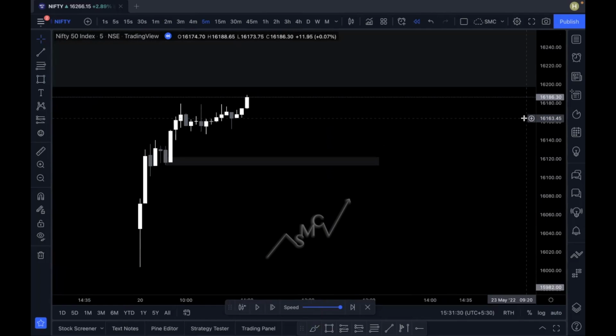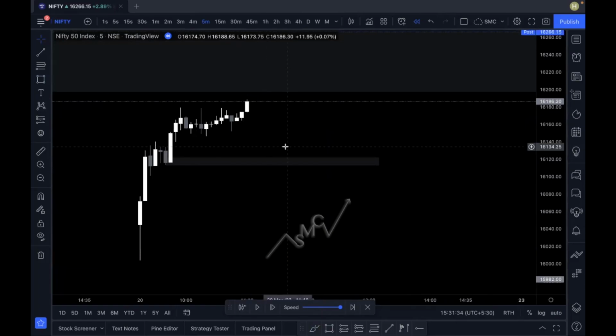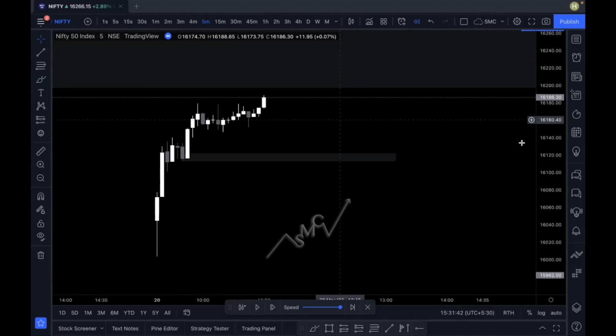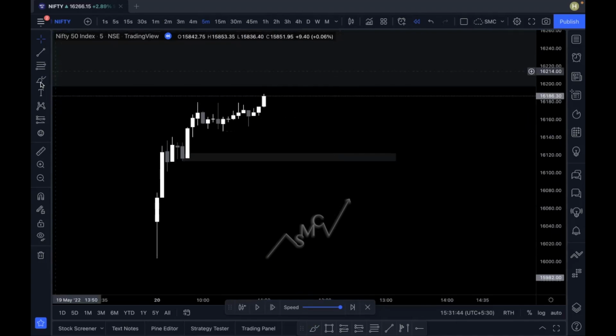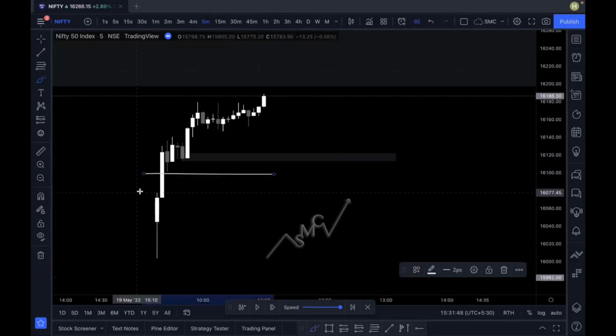So you need to be able to work around whatever the market is showing you. Just because it's 5% up today does not mean it's going to be 2% down in the day. So I think just completely eliminate that. This sort of imbalance will most likely get filled.